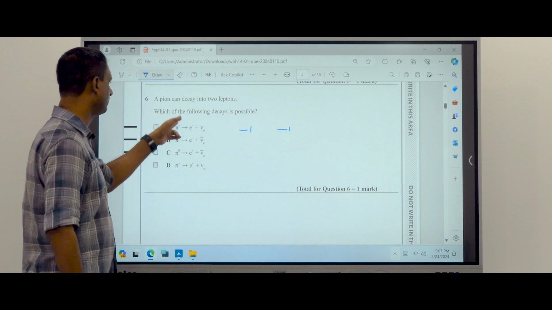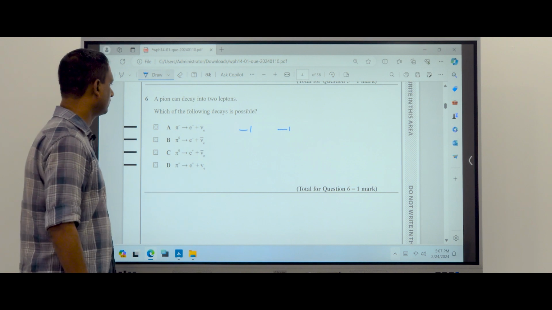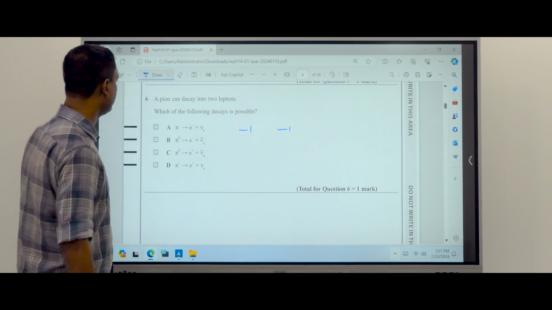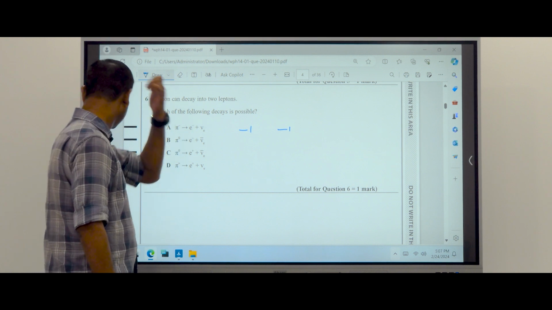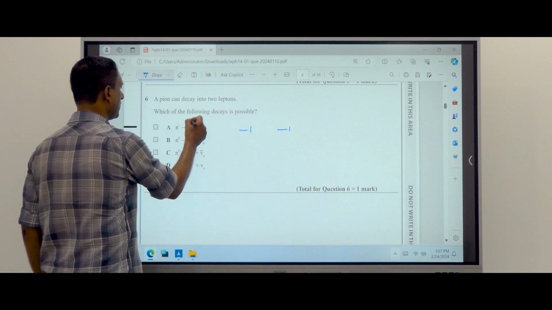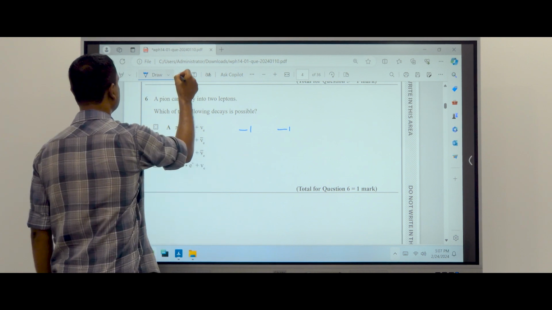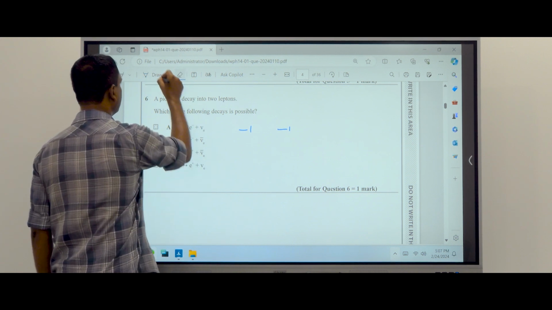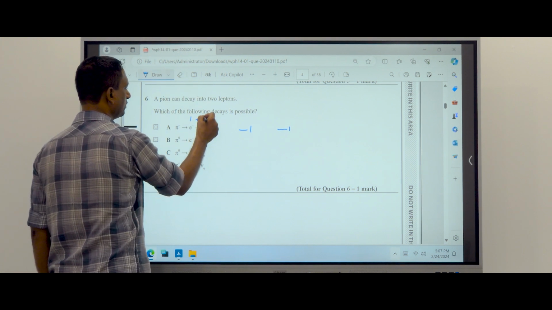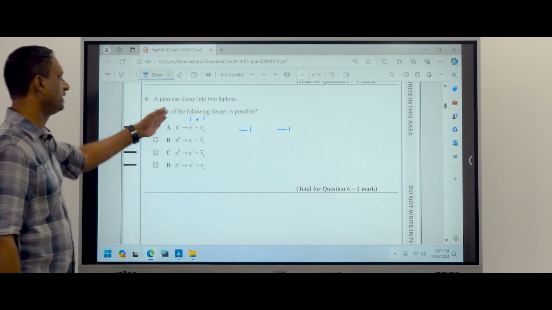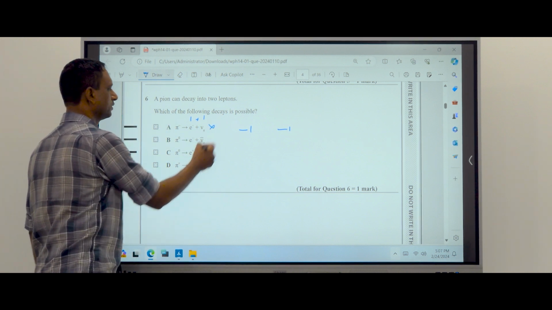This side we don't have a lepton. The other side we have leptons, so the lepton number is 1. For electron the lepton number is 1, neutrino also 1. But this side is 0. This is wrong.